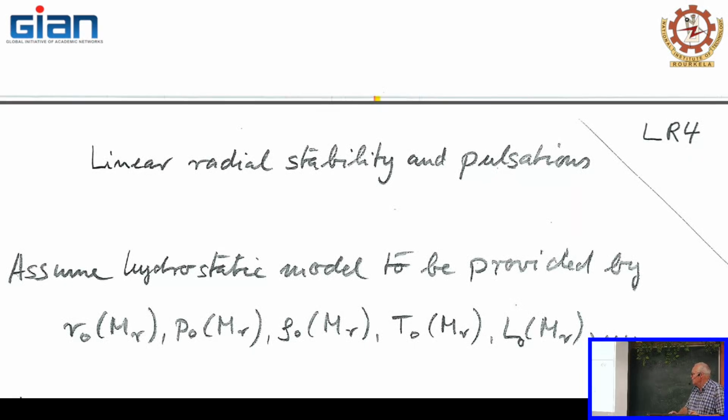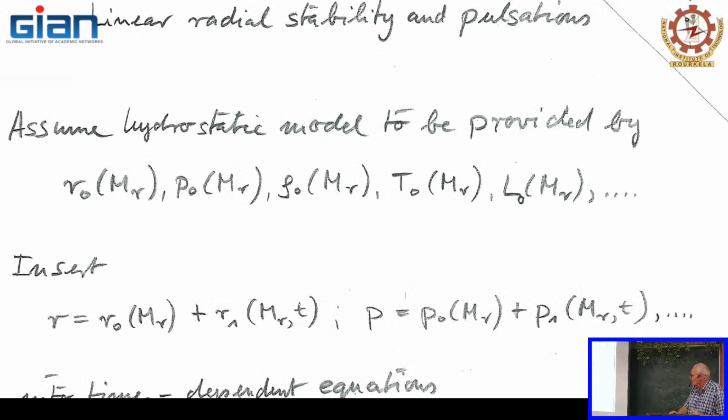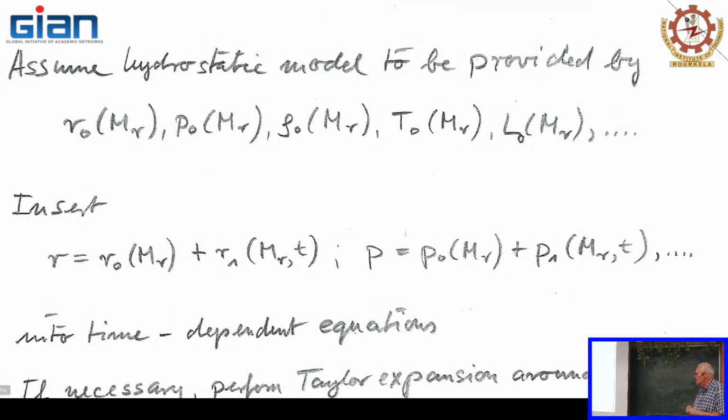Well, our approach is then to assume small perturbations to it. So we say R is R0 as a function of m plus the perturbation R1, depending on mass and time, the same for the pressure and luminosity and temperature and so on. So we insert these into the time-dependent equations.